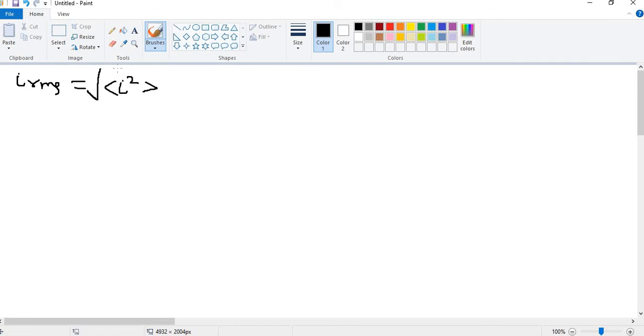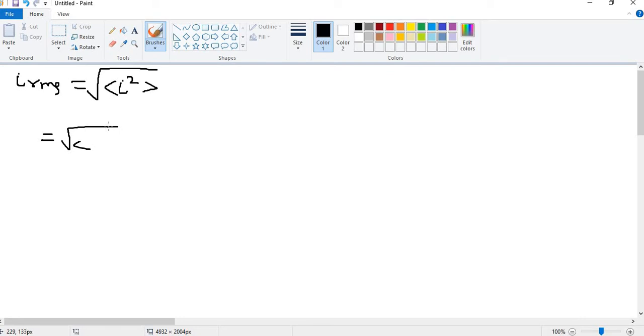So IRMS is equal to root of the mean of I squared. Now, in case of I, we have seen that I is equal to I naught sin omega t, so we will replace I by I naught sin omega t.